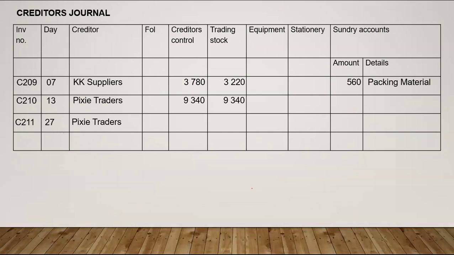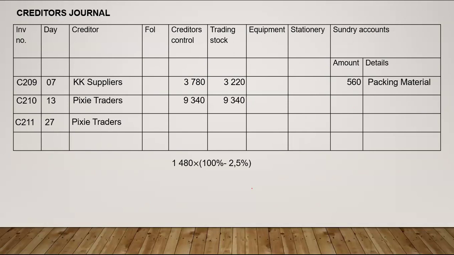We bought goods worth 1,480. But we're not owing them 1,480. We owe them 1,480 less 2.5% discount. So I will just multiply this by 100% minus 2.5.